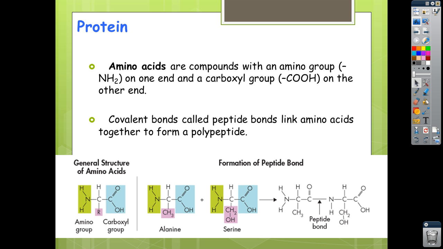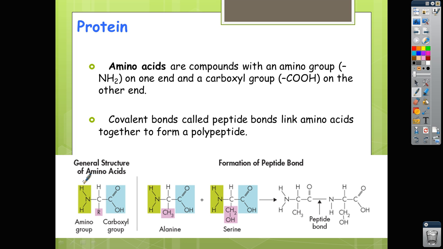The amino group and the carboxyl group in all amino acids is always going to be the same. The thing that differs is always going to be here, the side chain, the variant. So as you can see, if you analyze these 2 amino acids, you will see that your amino group is the same in both.